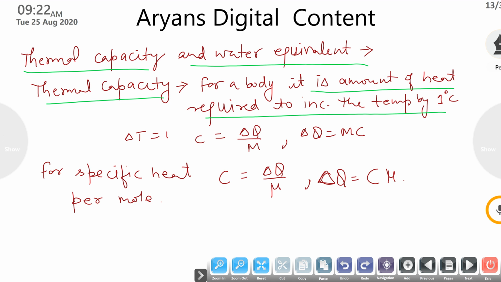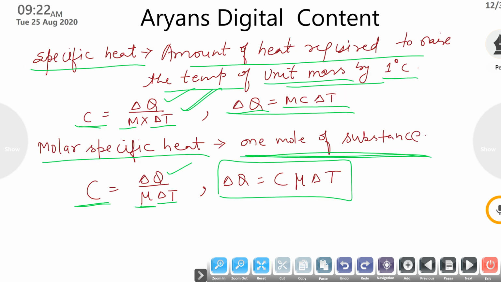It means we have to increase the temperature of any object by 1 degree centigrade, and the amount of heat required for the object, with no quantity and no mass specified, is given by its thermal capacity.